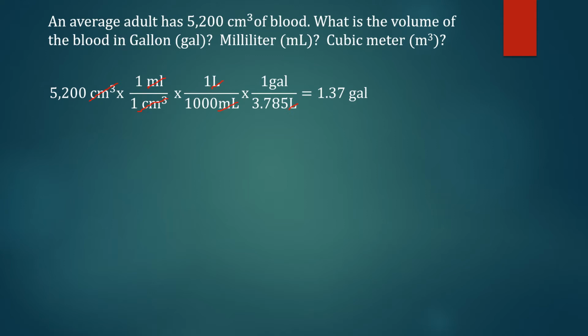So it seemed to be easy because, as you can see, the cubic centimeter, the liter, and the milliliter are from the metric system, which typically uses conversion factors of either tens or hundreds, so there are not a lot of numbers that you need to remember, unlike in the English system.